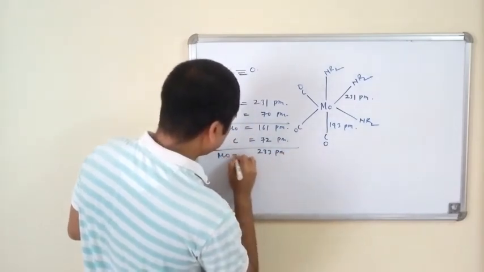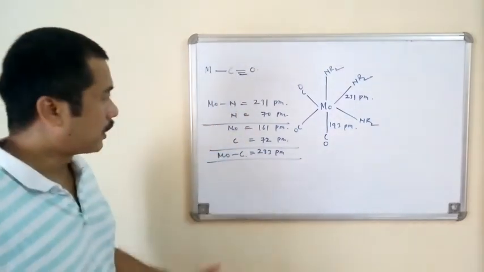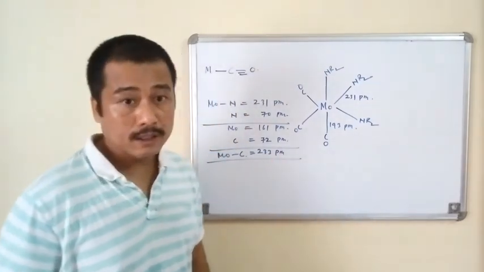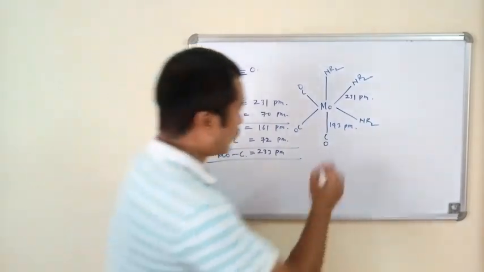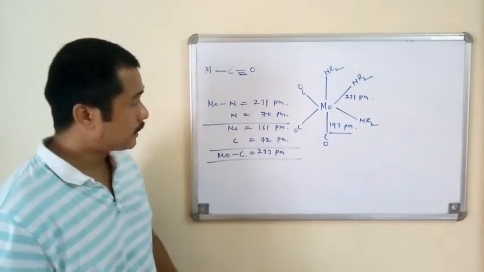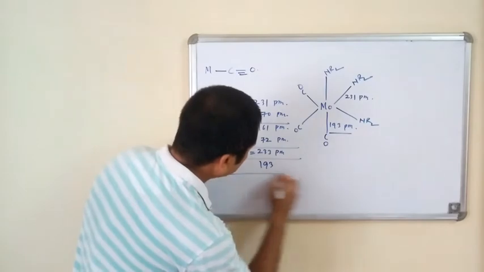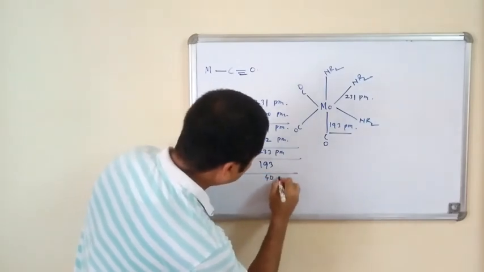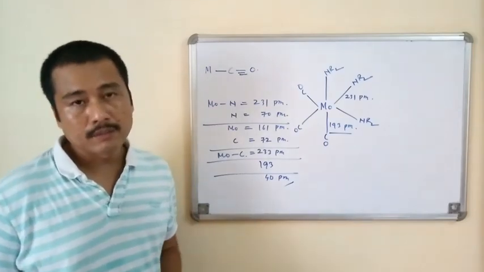So one expects that the molybdenum carbon single bond distance in this molecule should be equal to 233 picometer, but that is not the case. Experimentally, we observed the molybdenum carbon bond distance is equal to 193 picometer, which is 40 picometer smaller than what we expect for a molybdenum carbon single bond.